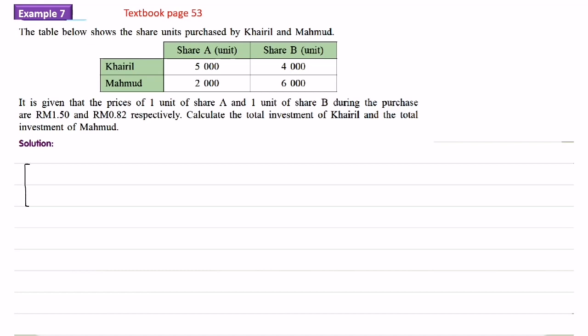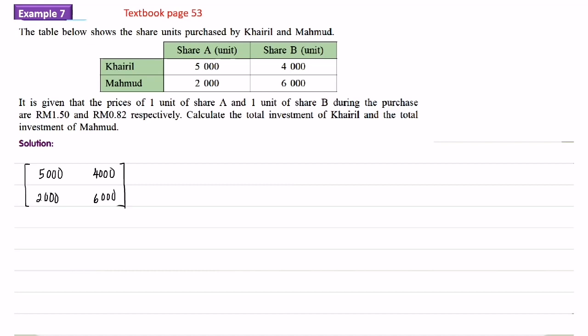First, we write the share units purchased: 5,000, 4,000, 2,000, and 6,000. A is 1 ringgit 50 cent and B is 82 cent.